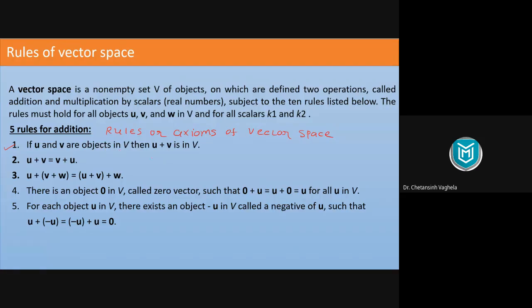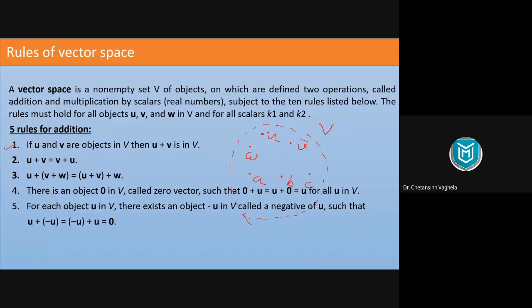If you take U and V, okay, let me draw a set. That would be a good idea. Let me define a set here. It's a huge set having so many objects. Let's say this is capital V and it has so many objects, U bar, V bar, W bar, A, B, C, D, right?